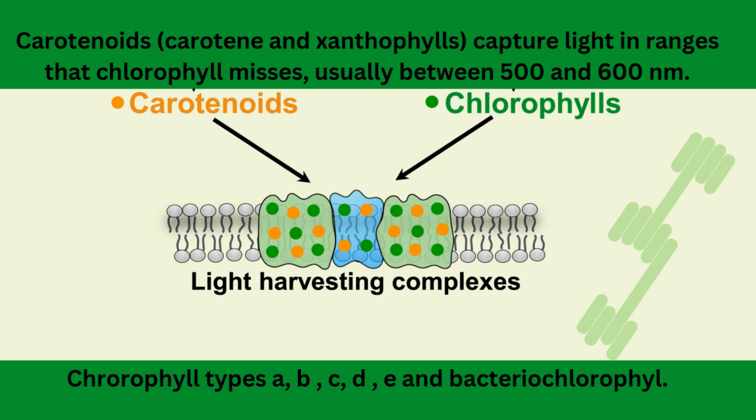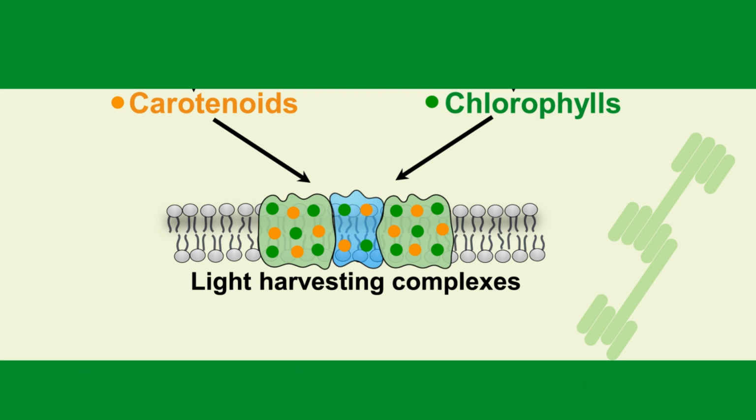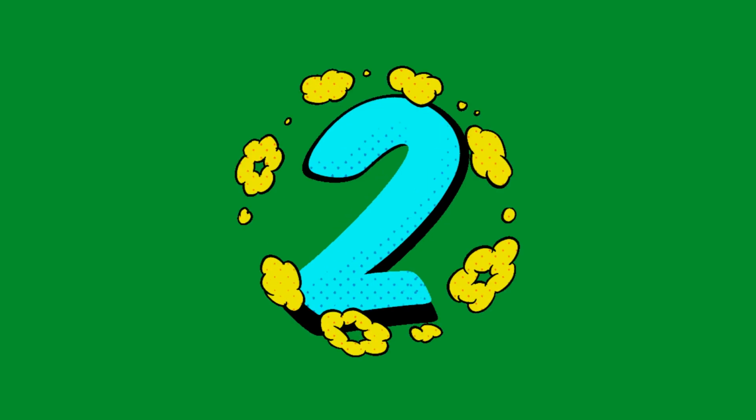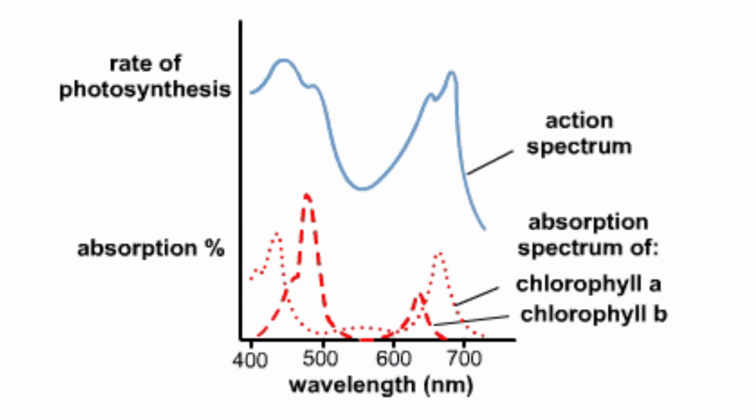And the efficiency of these pigments can be studied in two ways. The absorption spectrum tells us how much light is absorbed at each wavelength, while the action spectrum shows us which wavelengths are most effective for photosynthesis.